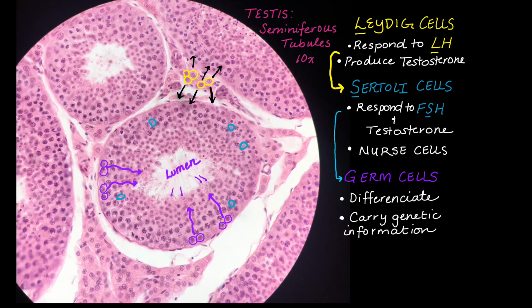The lumen's in the center. As we move closer to the lumen, we start to see things that look like sperm, because they are undergoing the 2 rounds of meiosis and becoming more sperm-like the closer they get to the center. As soon as they reach the center, they can then be flushed to the testes and then into the epididymis. We're going to look at this in more detail in the next slide.